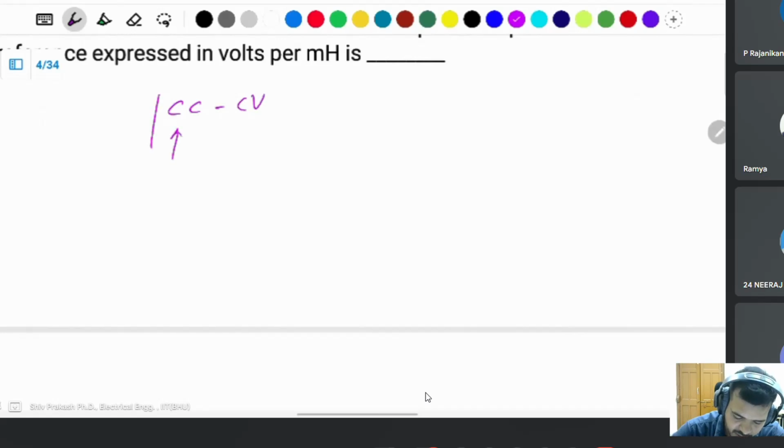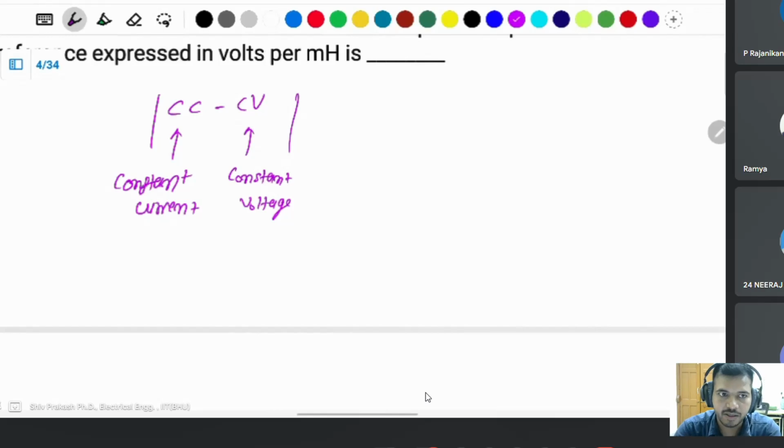Constant current charging, and constant voltage charging. There are two modes to charge a battery: constant current mode and constant voltage mode.